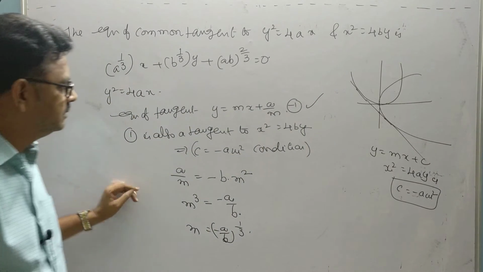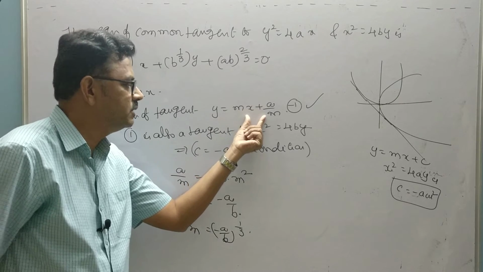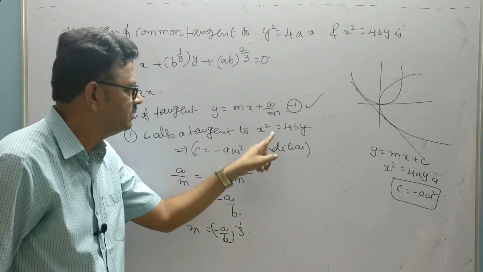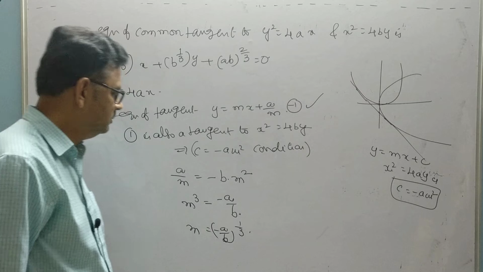Because this is a tangent to this parabola, it is also a tangent to the other parabola.